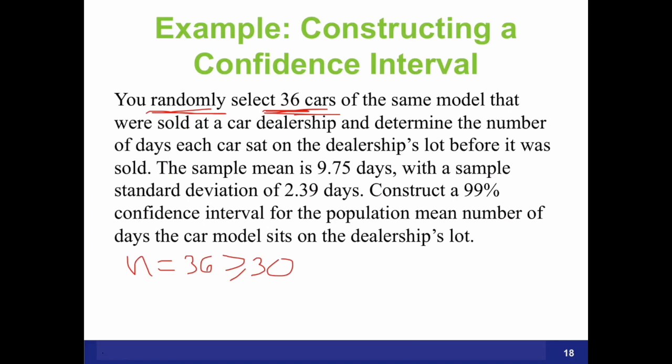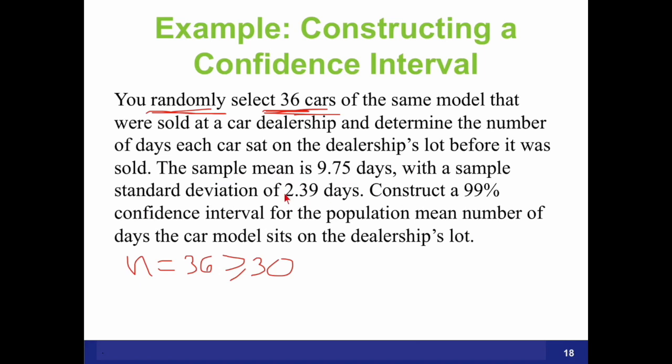You randomly select 36 cars of the same model that were sold at a car dealership and determine the number of days each car sat on the dealership lot before it was sold. The sample mean is 9.75 days. This is going to be our point estimate, with a sample standard deviation of 2.39 days.